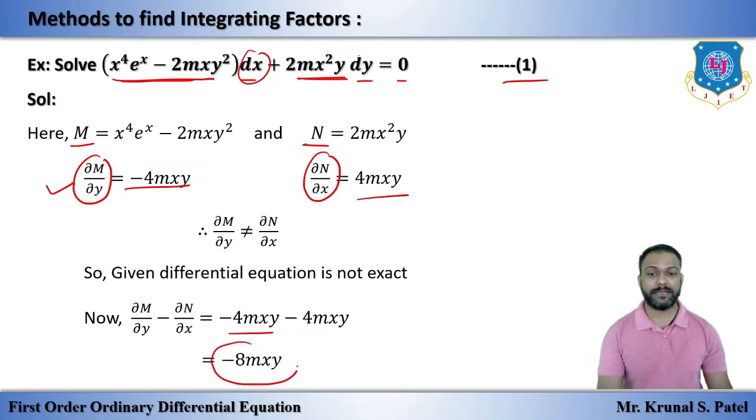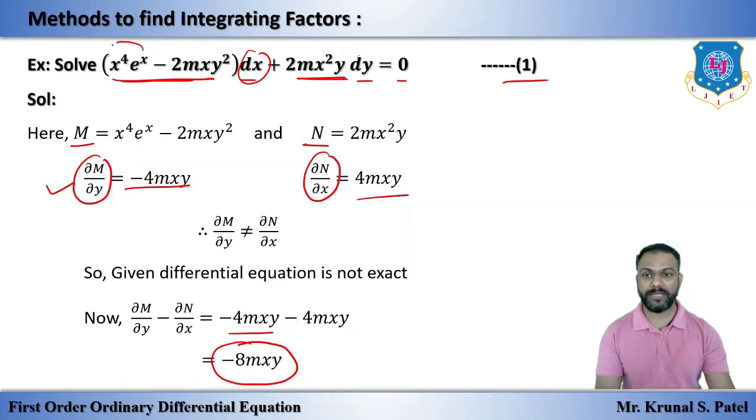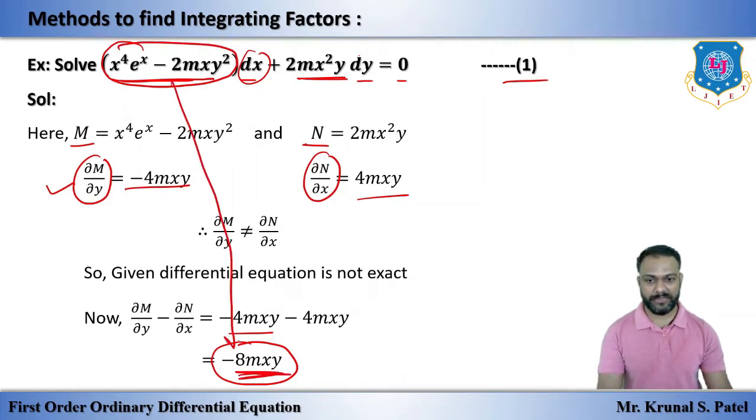Now think by which term we will divide to get a function of x only or y only. If we divide this minus 8mxy with M, it is not possible to simplify because of two terms in the denominator. So divide by M is not possible, it is clearly seen here.